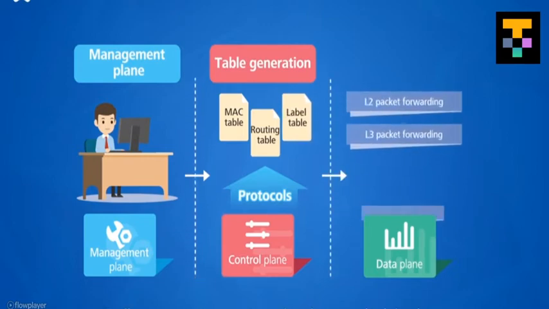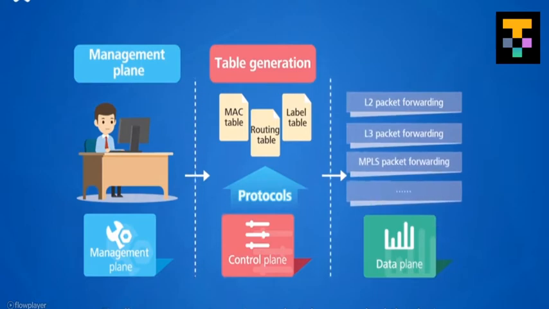Finally, once user service packets have reached the device, the data plane of the device is responsible for forwarding them. Now you've got a bit of background knowledge as to how these concepts apply to traditional networks. Traditional networks run in a distributed manner, with each router having its own control plane, the brain of a network device. When a router receives a packet, this brain decides on its own how to forward it.